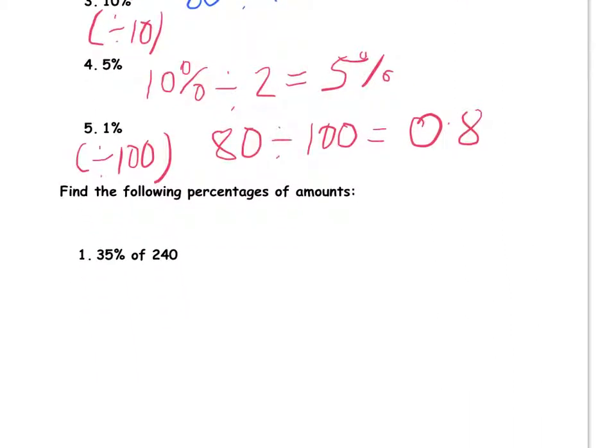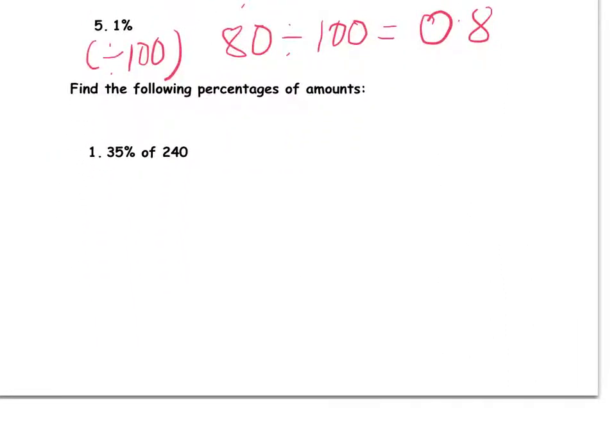So for example, we can find 35% of 240. We can do this by splitting the 35% up into 3 lots of 10% and then an extra 5%.